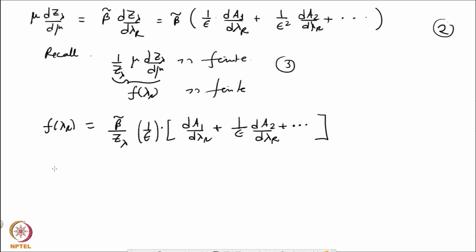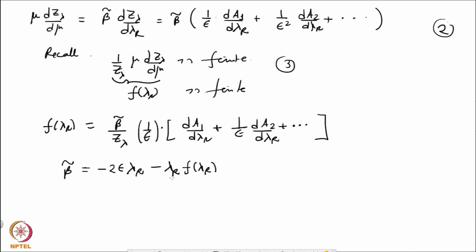Okay, now we can write beta tilde using f of r. So beta tilde, if you recall, was minus 2 epsilon times lambda r minus lambda r times f of lambda r, right?